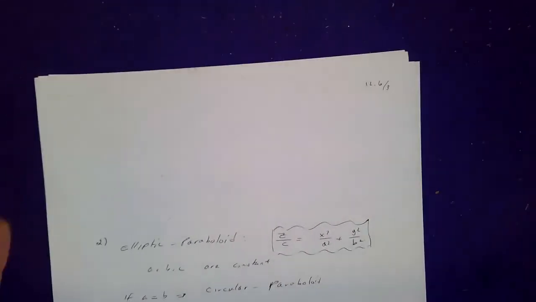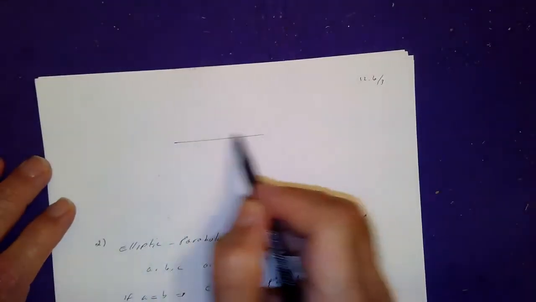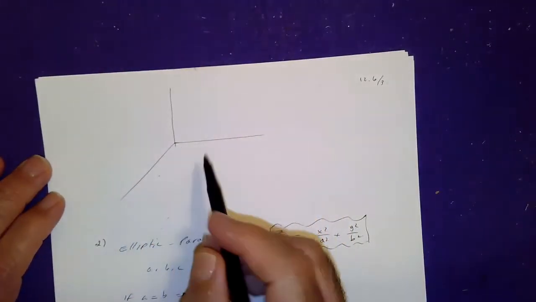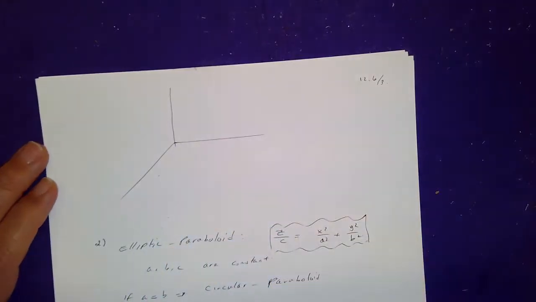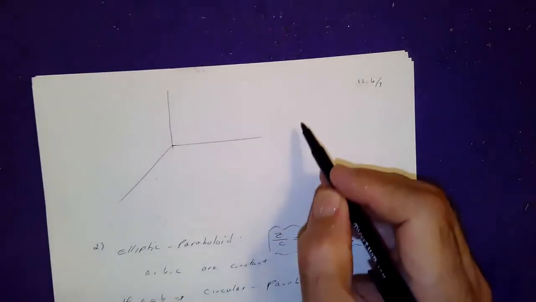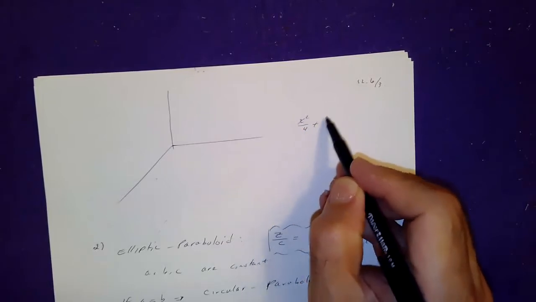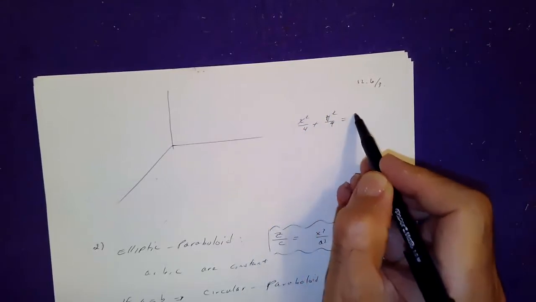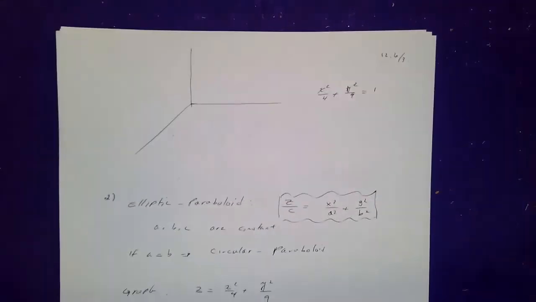So with that in mind, what do you say we try to graph an ellipsoid? So remember, for instance, the first one is x squared over 4 plus y squared over 9 equals 1, correct?